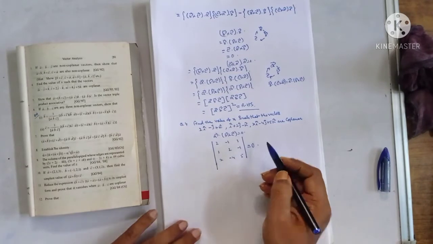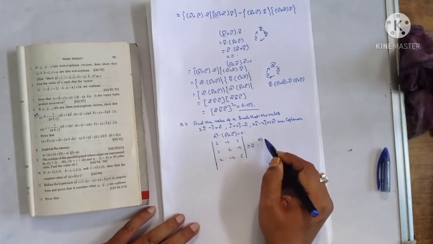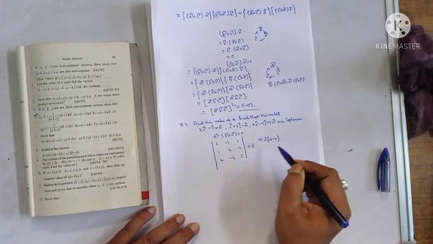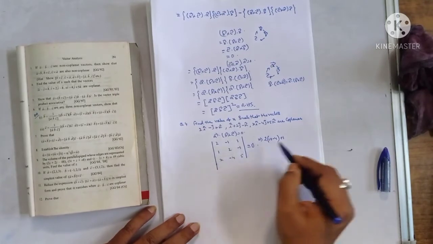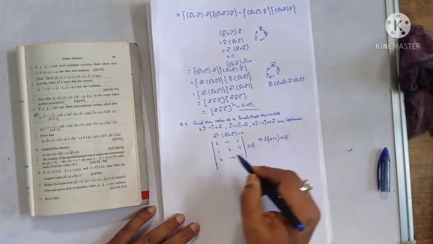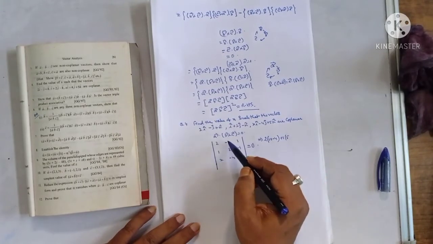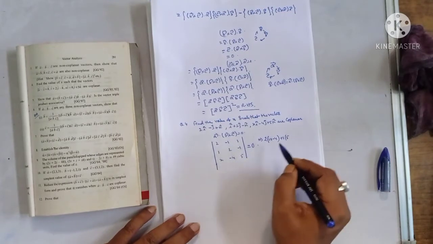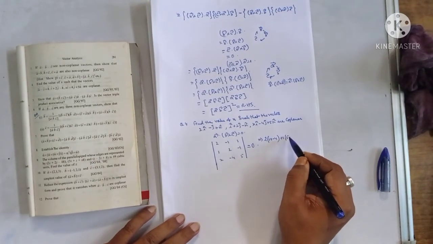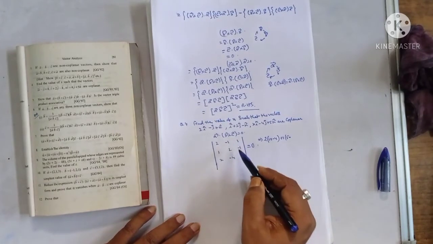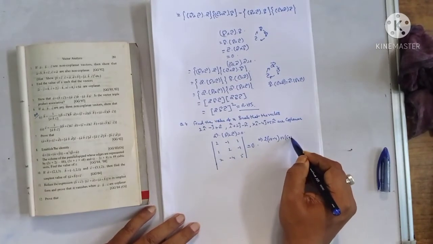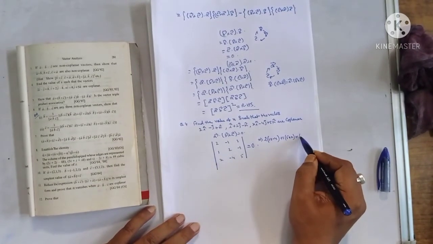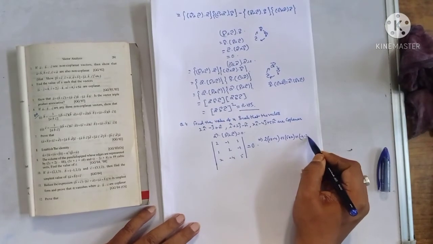So now I will just expand it. This will be equal to 2 into 10 minus 4, plus 1 into 5 minus x, and then 1 minus 4 minus 2x.